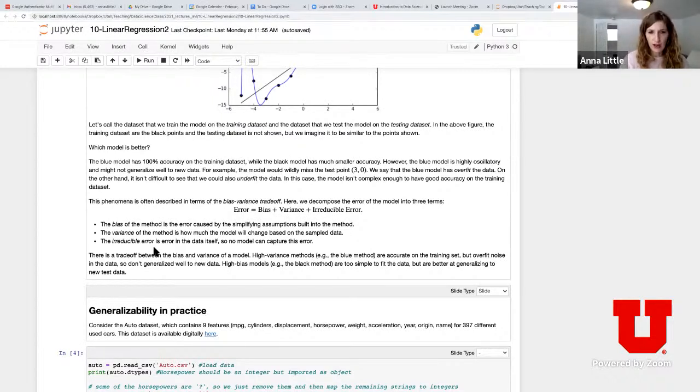So basically, we're concerned about balancing these two terms, balancing the bias and the variance. Okay, so black line, high bias, low variance; blue, low bias, high variance.